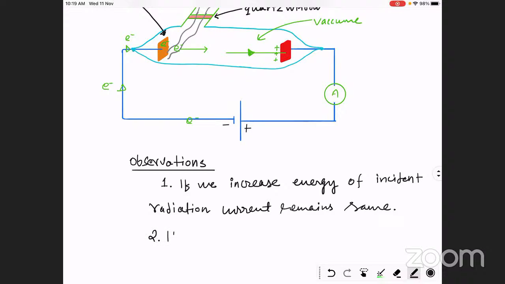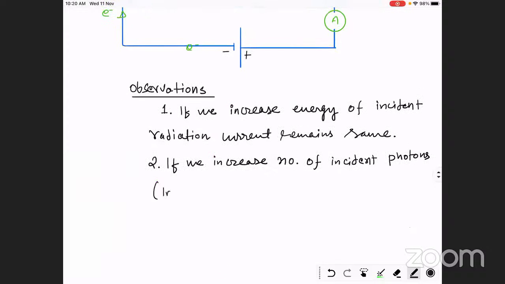Second observation. If we increase number of incident photons, ब्रैकेट में लिखना इंटेंसिटी. See, if you want to supply more photons, means you'll have to increase what? Intensity. If you are increasing intensity, means what you are increasing?